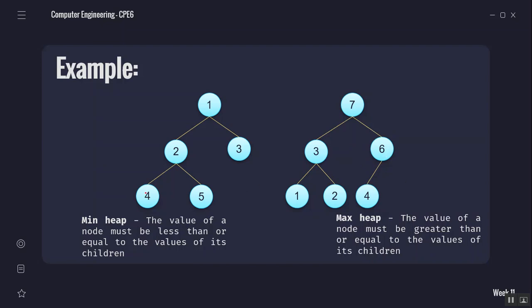So these are the properties of a min heap and max heap. You need to consider the height. As you can see here, we have height 0, height 1, height 2, then height 0, height 1, and height 2.